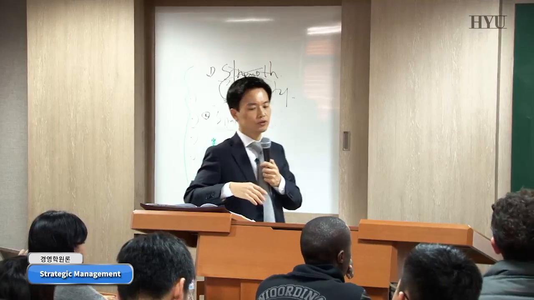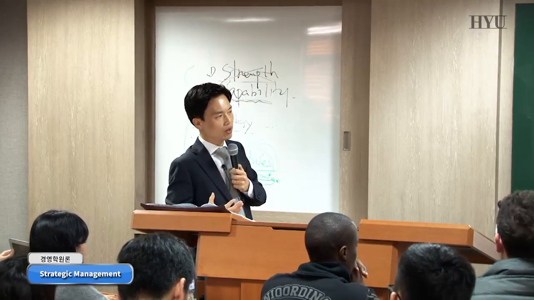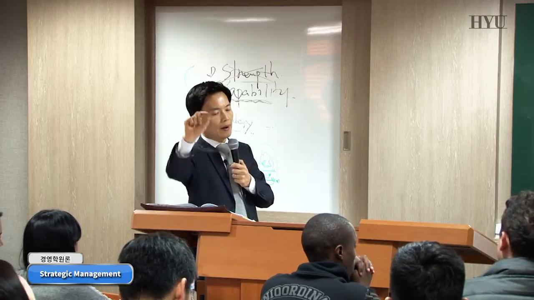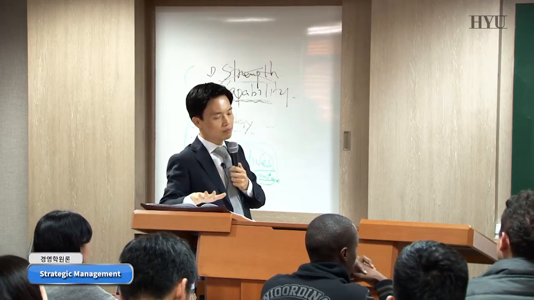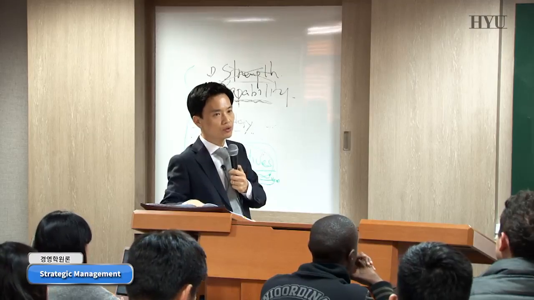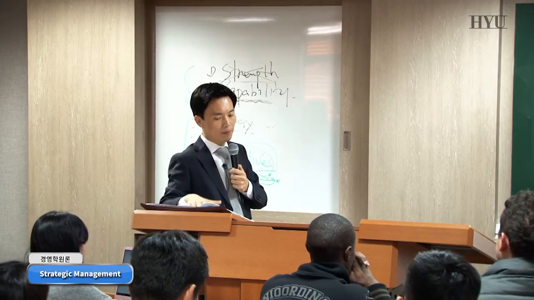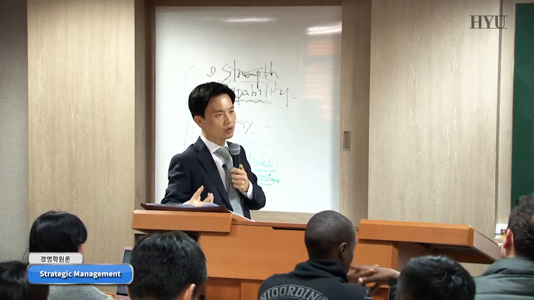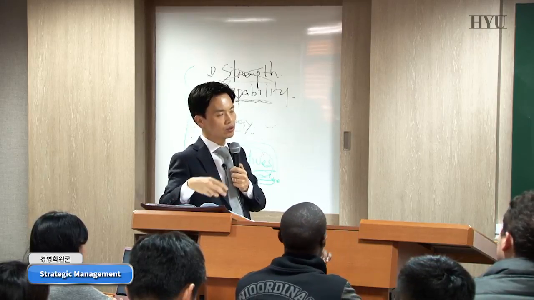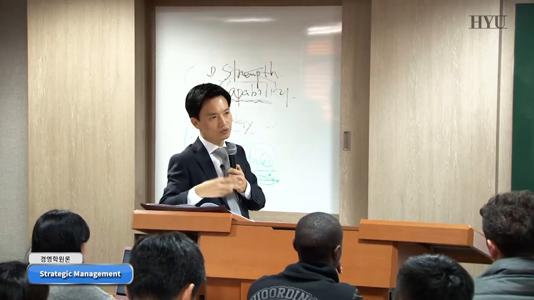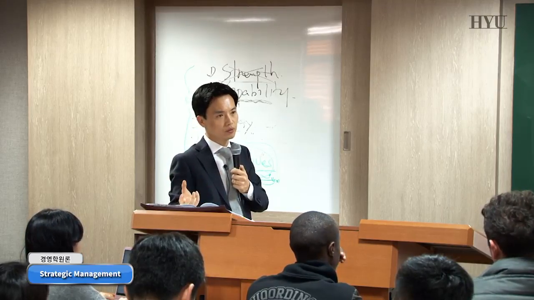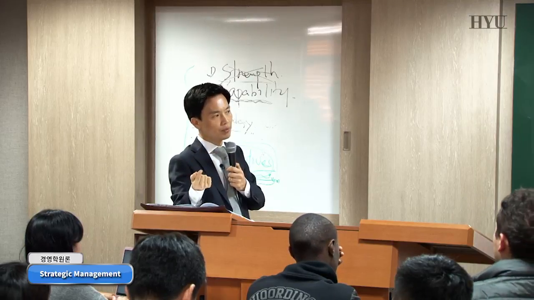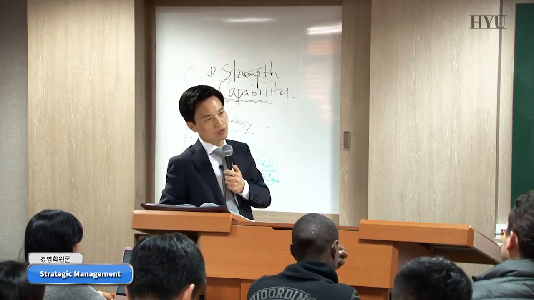When you understand who you are in terms of your strengths and weakness, you talk about it by looking at your resource. Based on what you have, you talk about being better, weaker, stronger, worse, and so on. So there should be something to compare, and that something to compare is resource.